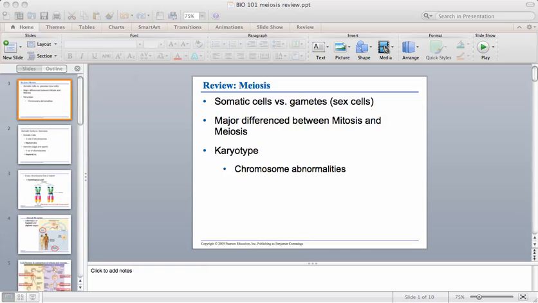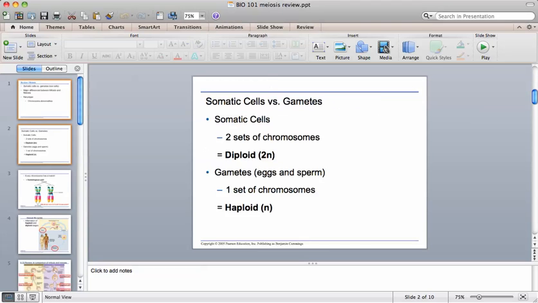Okay, so let's jump right into it with the somatic cells as opposed to the gametes. Somatic cells have two sets of chromosomes. One set came from one parent, and the other set has come from the other parent. We call these diploid cells, di for two, and they're represented by 2n.